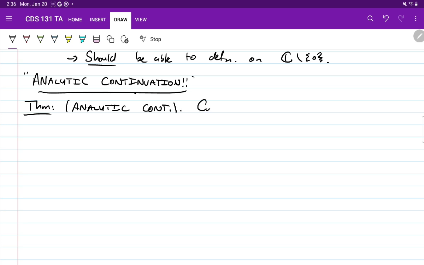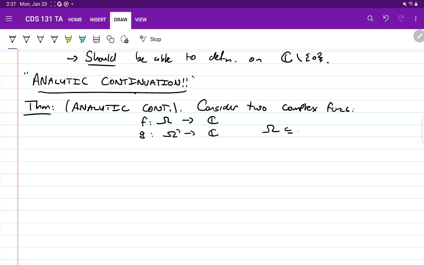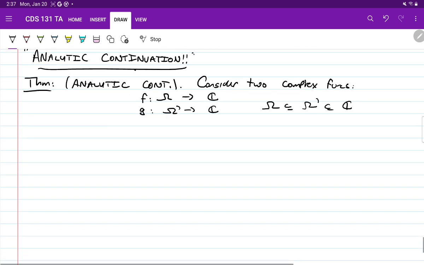What this says is, consider two complex functions, where I'll take f going from omega to C and g from some set omega prime to C, where omega is a subset of omega prime, which is a subset of C. And I'll just assume all of these are non-empty.